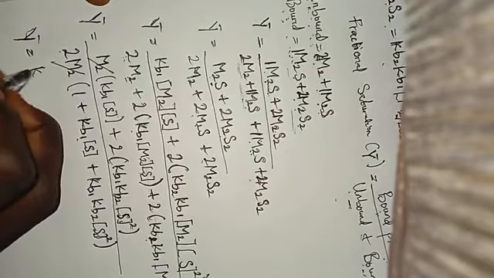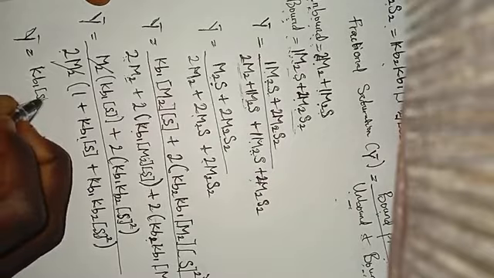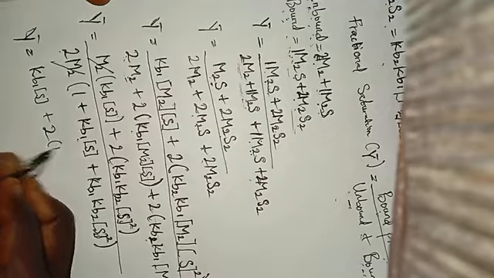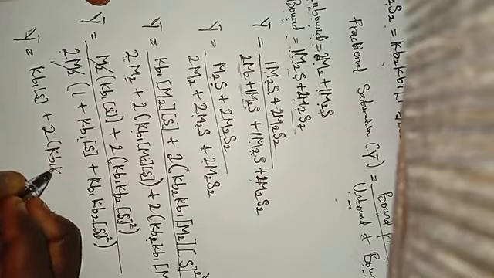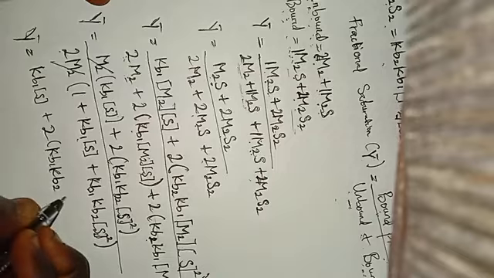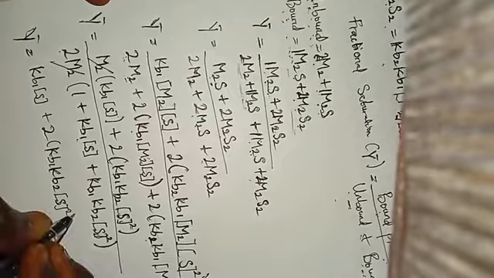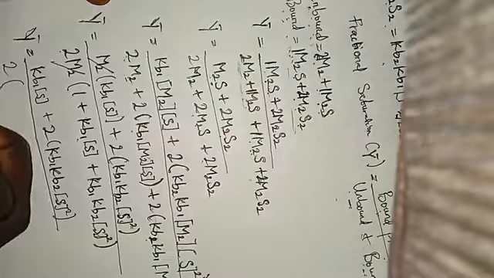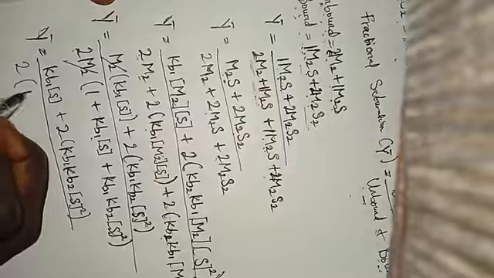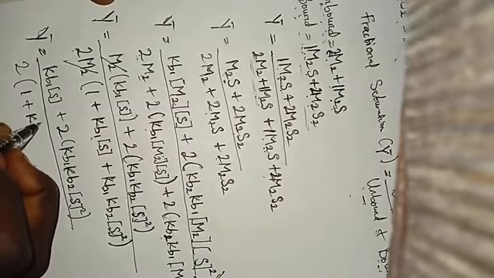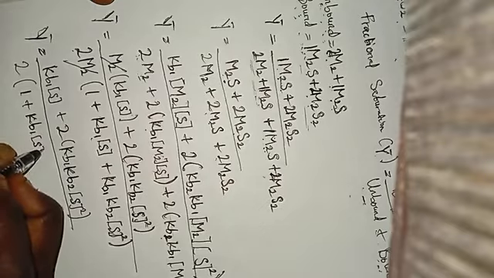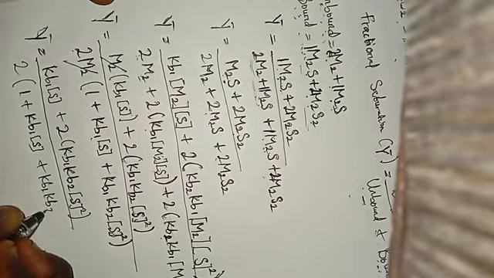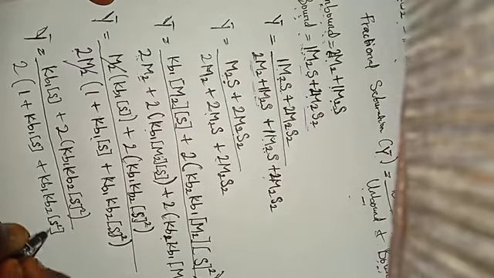Our answer will be KB1 in bracket S plus 2, open bracket KB1 KB2 S square, close bracket, all over 2, open bracket 1 plus KB1 S plus KB1 KB2 S square, close bracket.